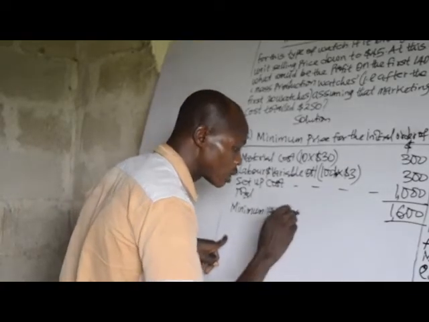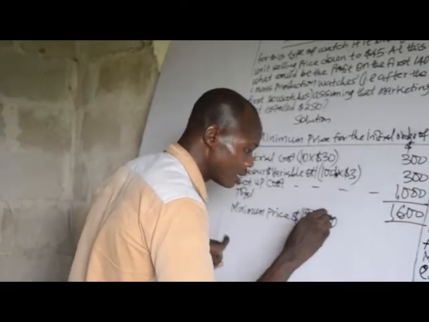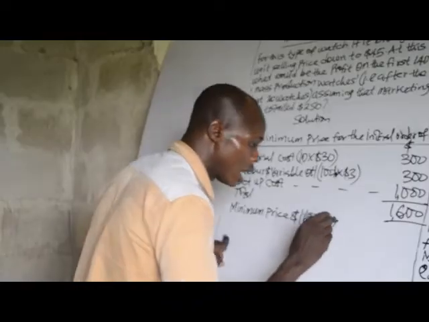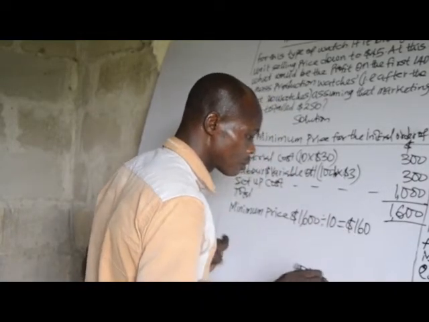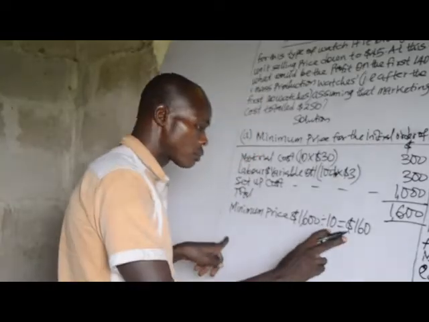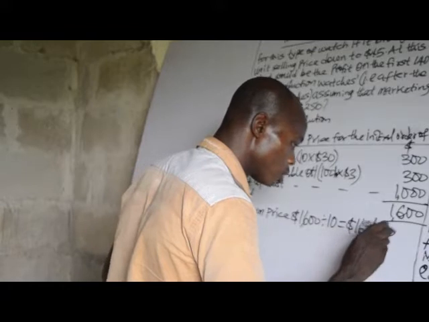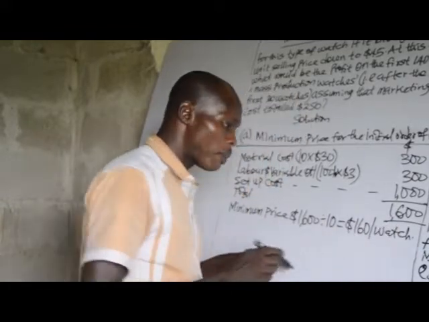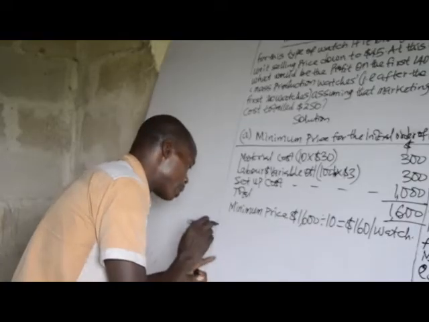We have 1,600 divided by that 10, which is the quantity ordered, and that will give us $160 per wash. That is the solution to the A aspect of the question.